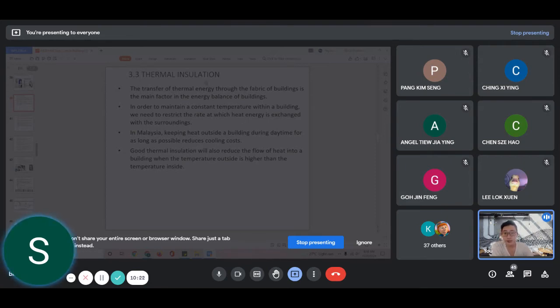So that's why we want to have thermal insulation. This thermal insulation is in place to ensure that there's no exchange, or a reduced exchange, of heat in our environment. Always remember the characteristic of heat is that it will always want to move from high to low. So it wants to warm up all the area in the surrounding.